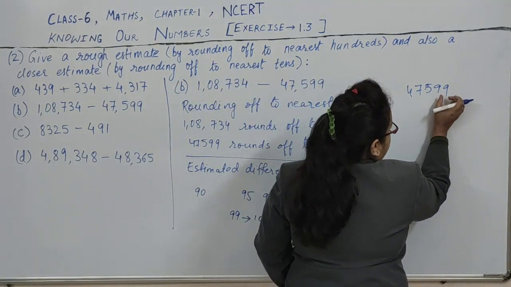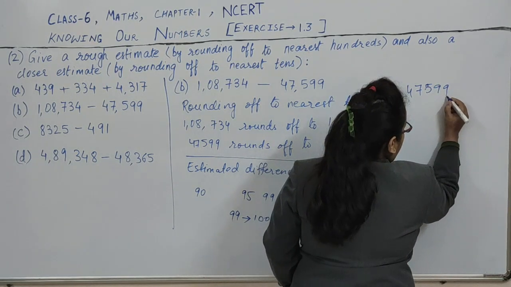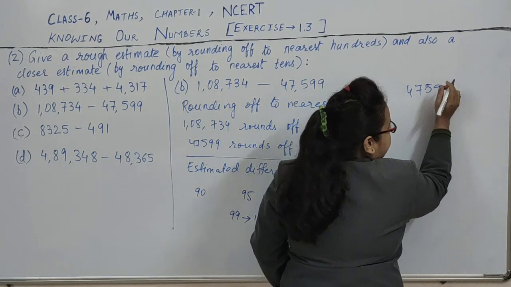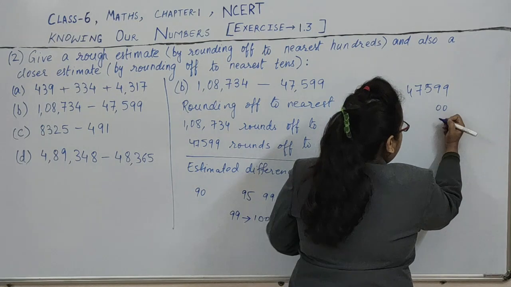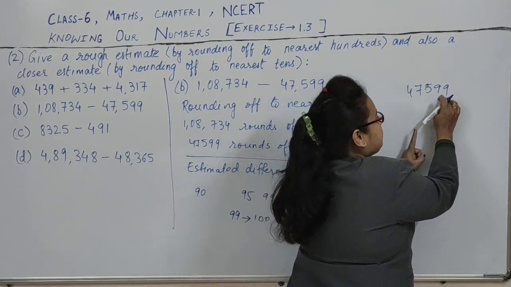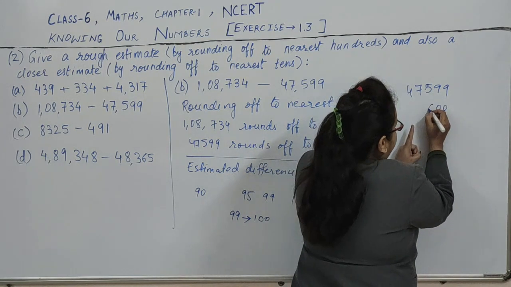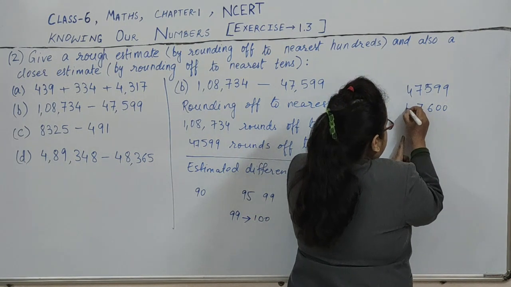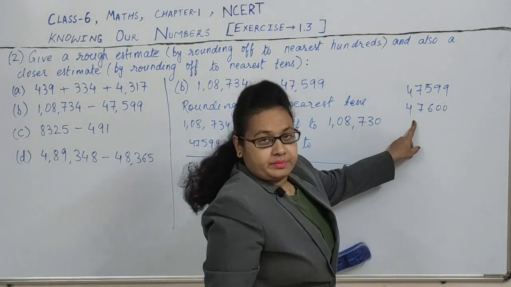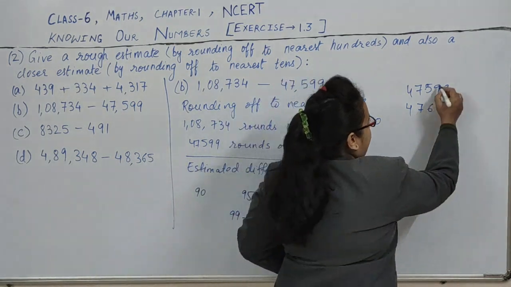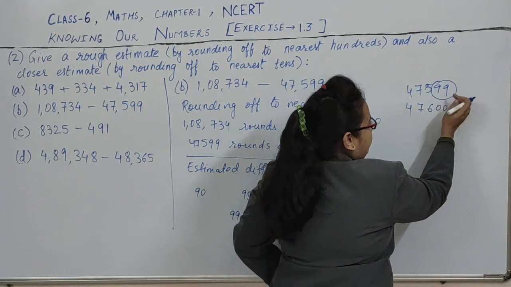So what will we do? This 99 becomes 100. So 0, 0 and 1. 1 will be there because it has become 100. This 1 plus this 5 will be 6. This 7 will be as it is, and this will be 4. So understood this one? 99 is rounded off to 100.